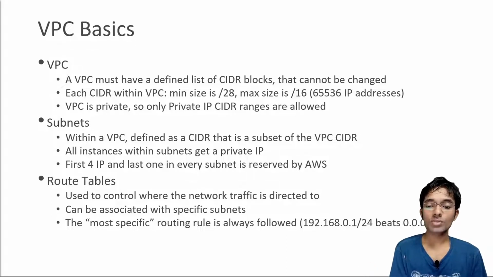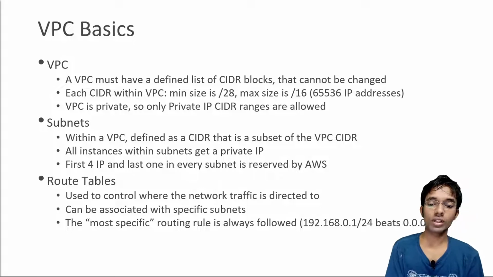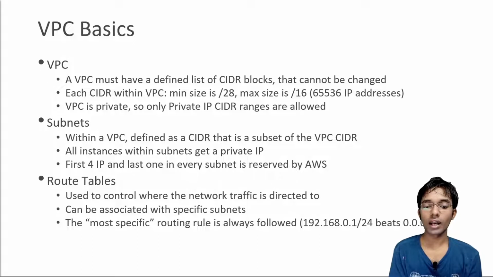The most specific routing rule is always followed, so the higher the slash number, for example /24 compared to /0, the more specific the route, and that route will always be followed. This is something we'll have a look at when we look at VPC peering.